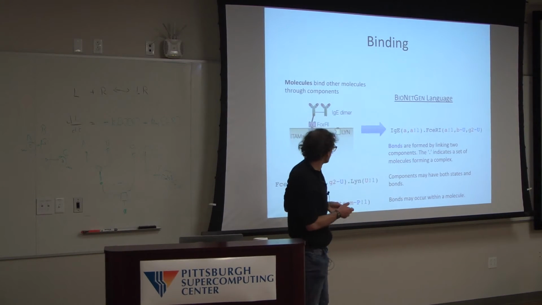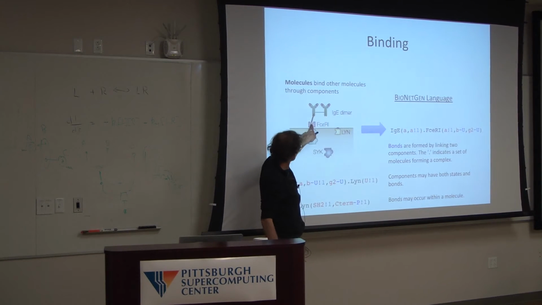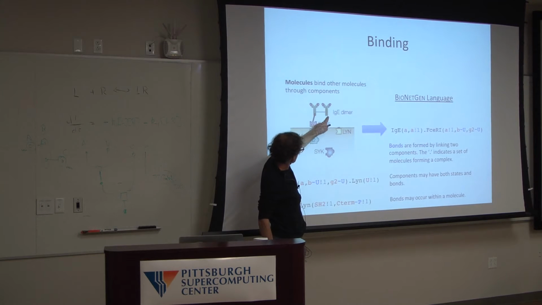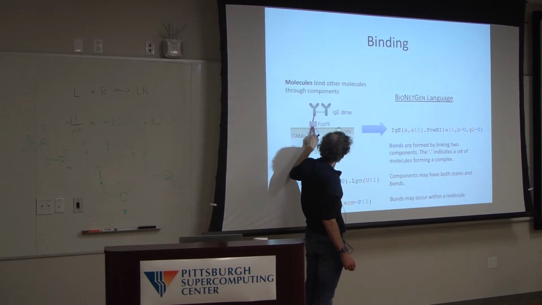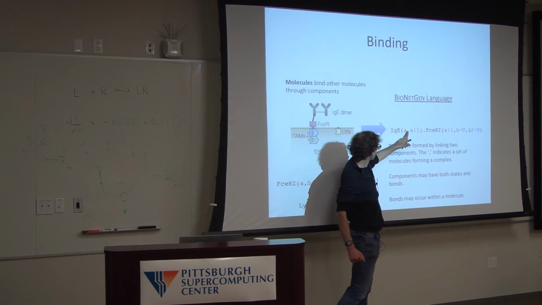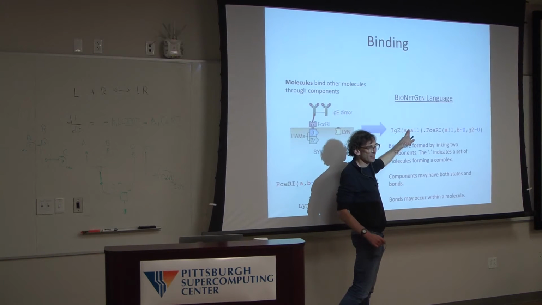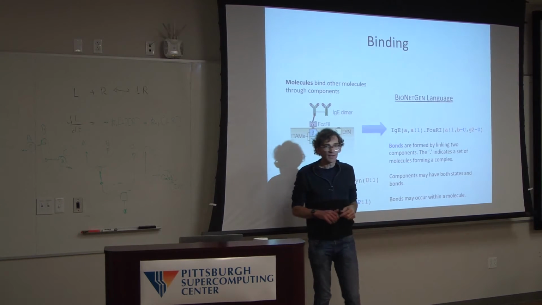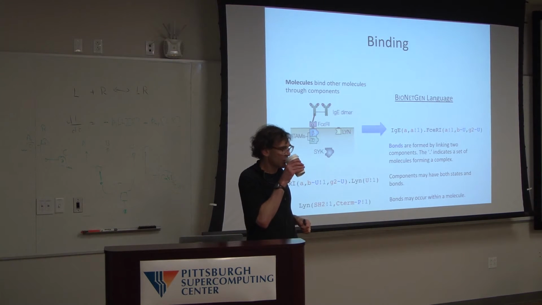So in my IgE dimer, there are two Fc portions of this antibody that bind to a receptor, so each one can form a bond to the receptor. I accomplish that functionality by having two sites that have the same name. So these are truly symmetric, and every aspect of their behavior in BioNetGen will take that symmetry into account.